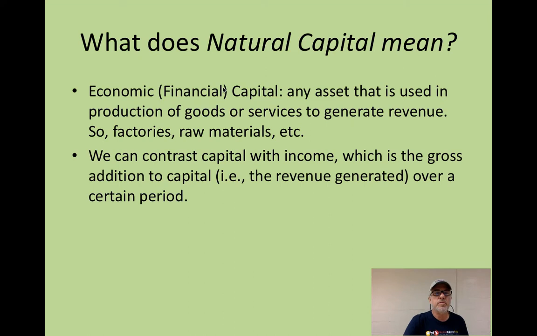And we can contrast capital with income, which is the gross addition to capital, right? All the money that comes back in that we can then use to turn into more capital, or we can use for other purposes. So income is the revenue generated over a certain period of time.